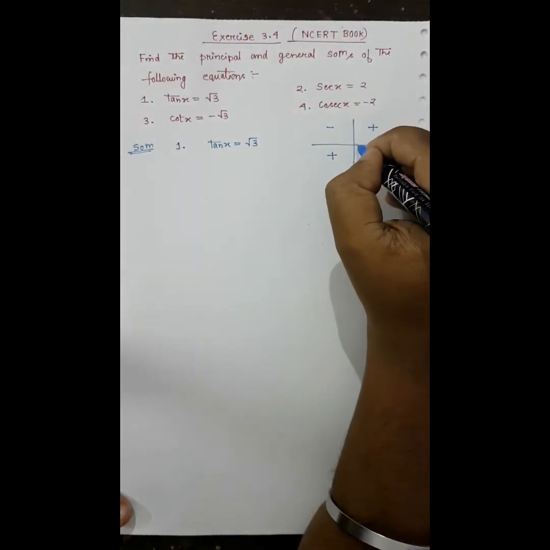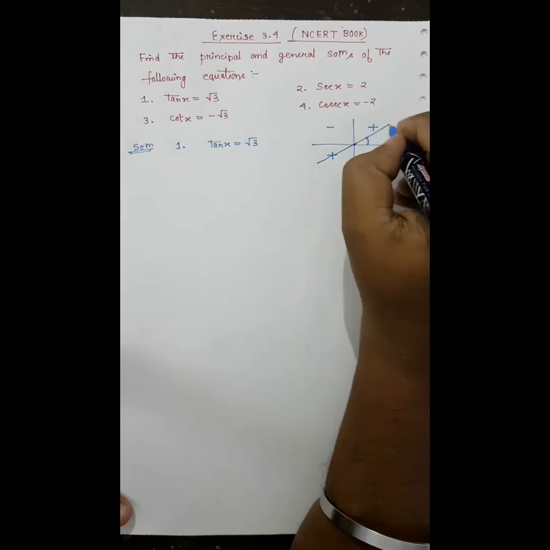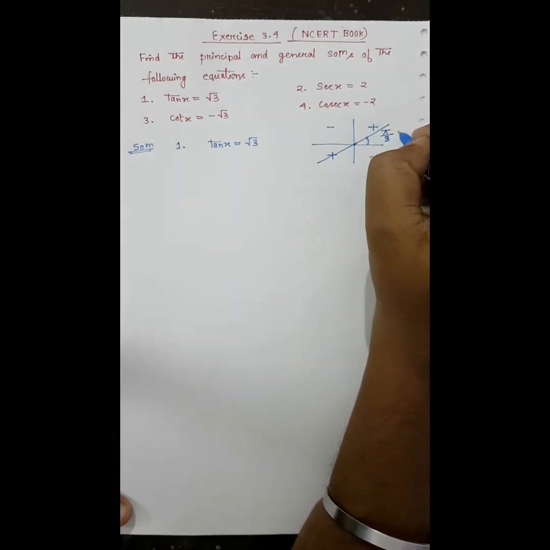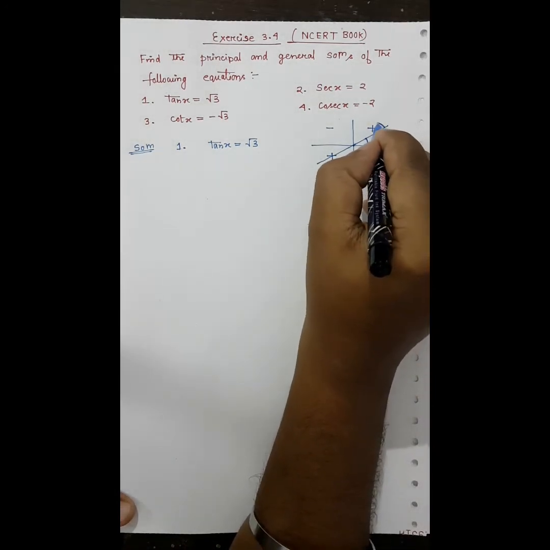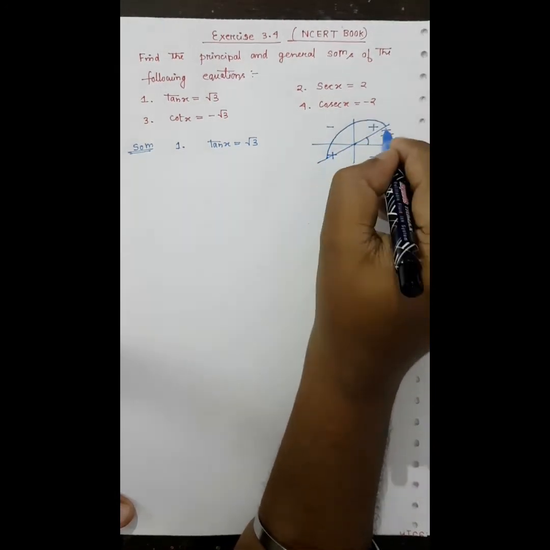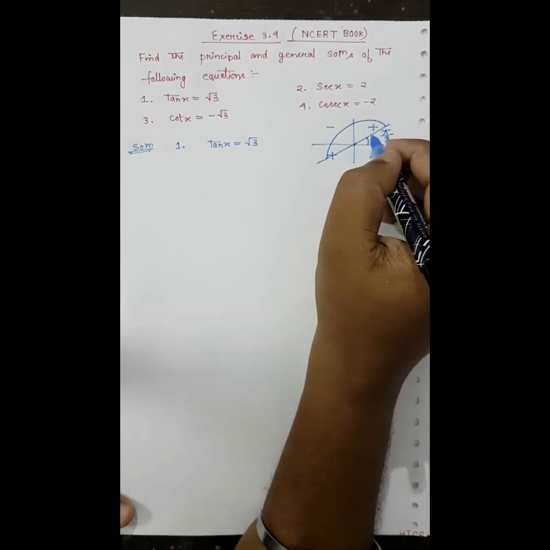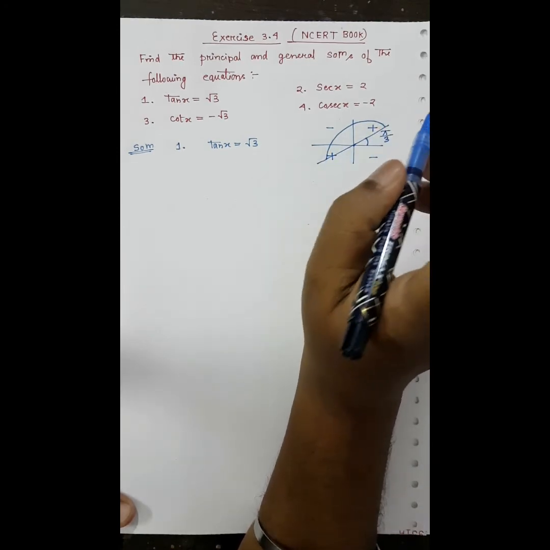Therefore the angle must be in the first quadrant or in the third quadrant. This is tan pi by 3. Tan 60 is equal to root 3. And if I go after a pi interval, the value of tan x will repeat itself. So after a pi interval, the value of tan x will be again the same.